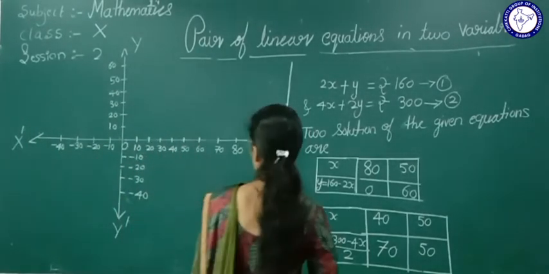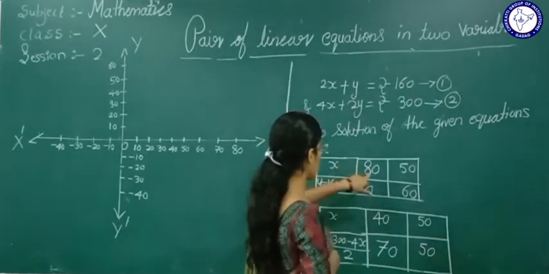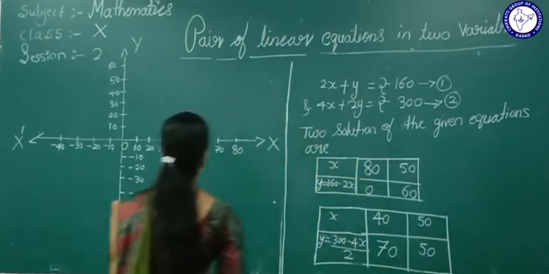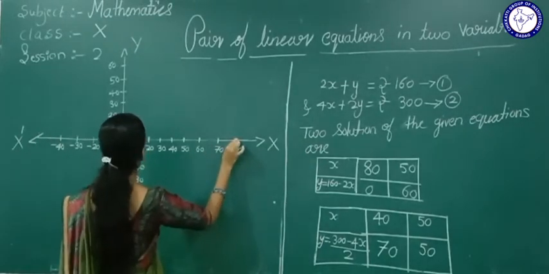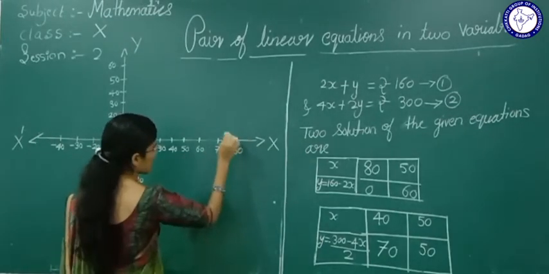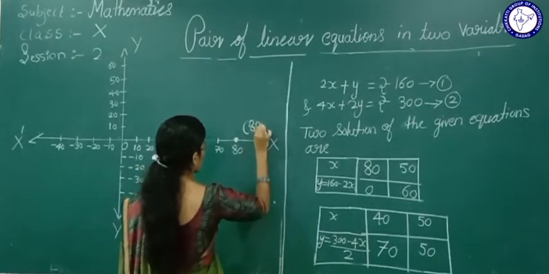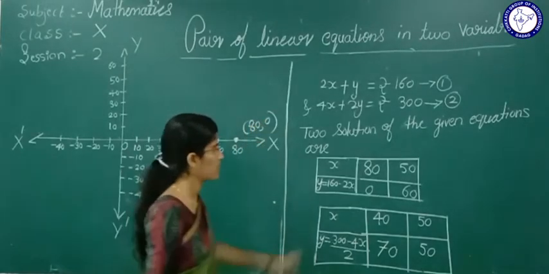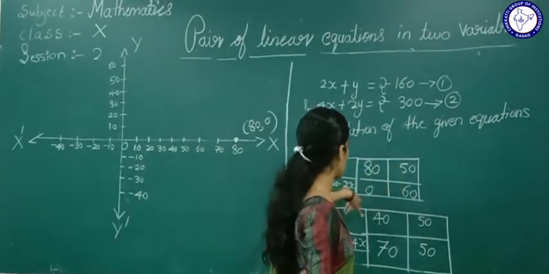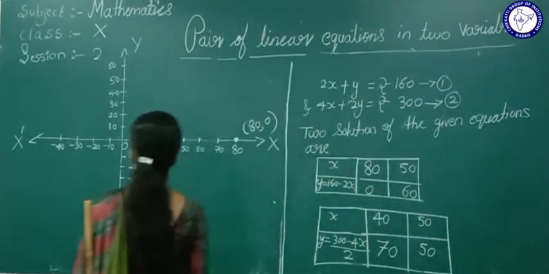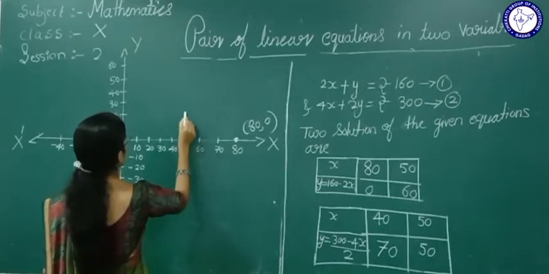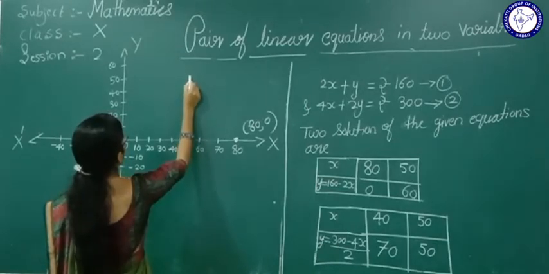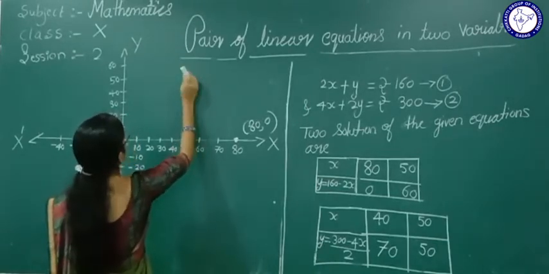Let us solve it graphically. See here, when x value is 80, y value is 0. That is the point (80, 0). When x value is 50, the corresponding y value is 60.